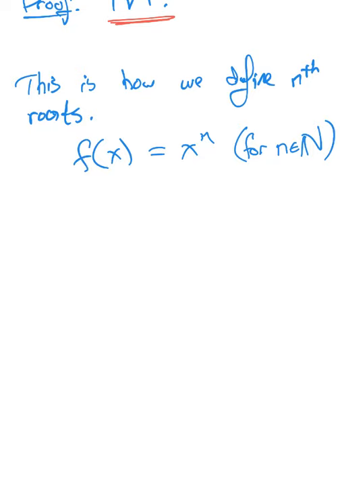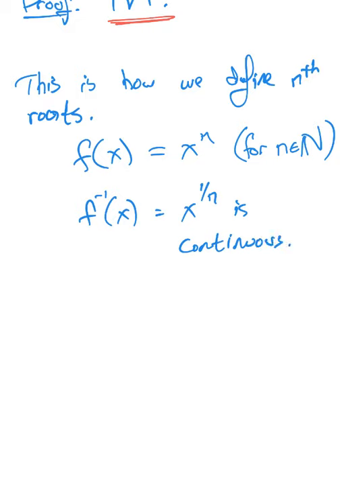So we know it's got an inverse, and what we just proved shows that the inverse is continuous. So f inverse of x, which we denote by x to the 1 over n, is continuous.